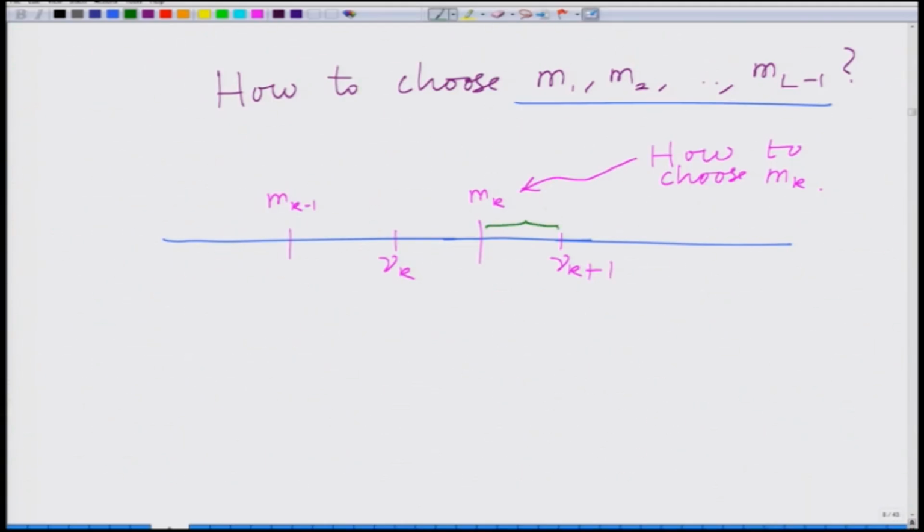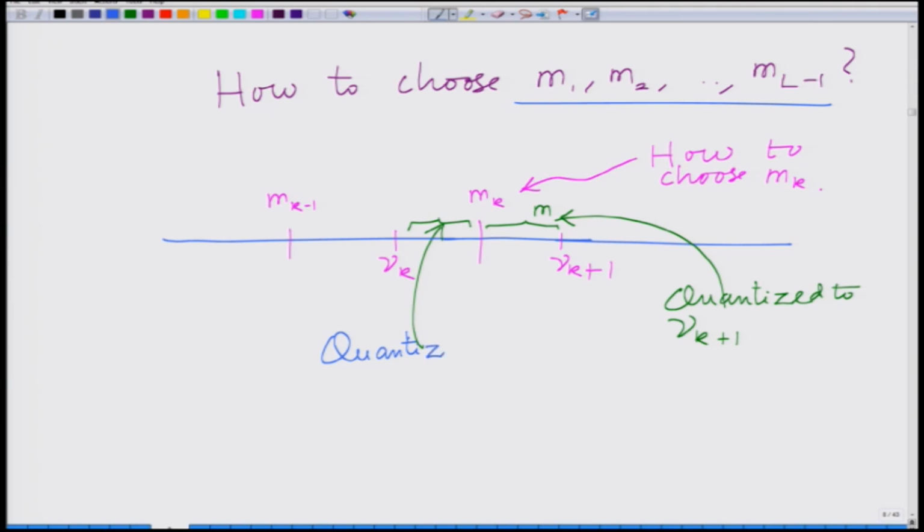If the sample lies in this region, it is quantized to nu k plus 1, while if the sample lies in this region, it is quantized to nu k.